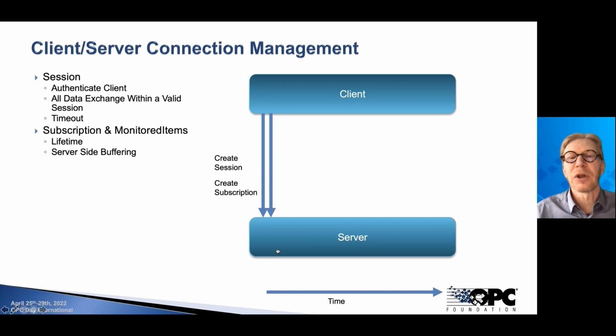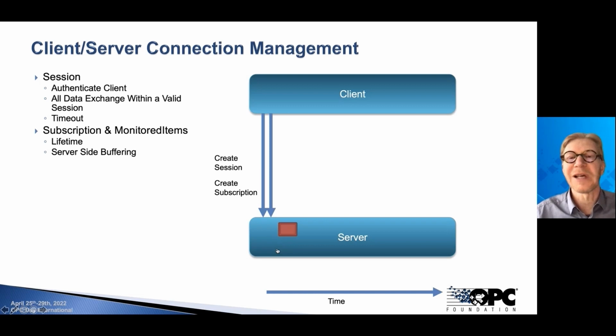Over this session, the client can create subscriptions for these data changes and event notifications, and this enables buffering on the server, even in case of disruptions in the communications. So let's look at a basic example of sampling data in the server.